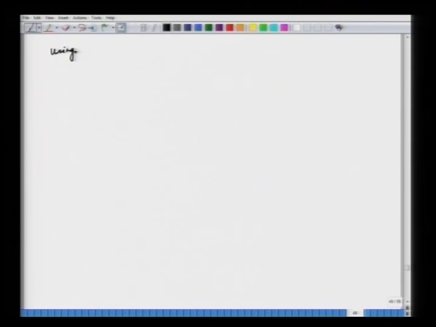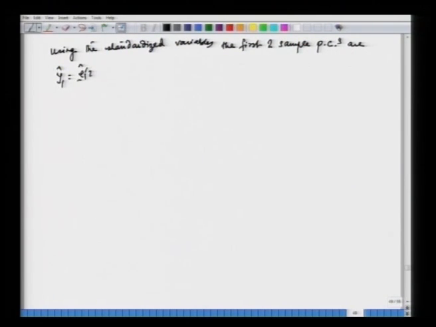Because we have used the correlation coefficient matrix, we will mention that using the standardized variables, the first two sample principal components are: the first one, y1 hat, is E1 hat transpose Z, and that is 0.464 Z1, directly from the first eigenvector, plus 0.457 Z2, 0.470 Z3, 0.412 Z4 plus 0.421 Z5.